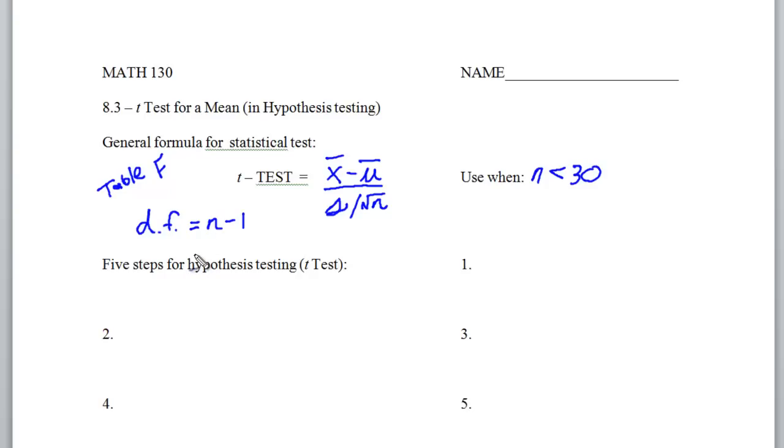Now there are 5 steps for hypothesis testing, and these are similar to the 5 steps with the z-test. You're going to start by stating your hypotheses.